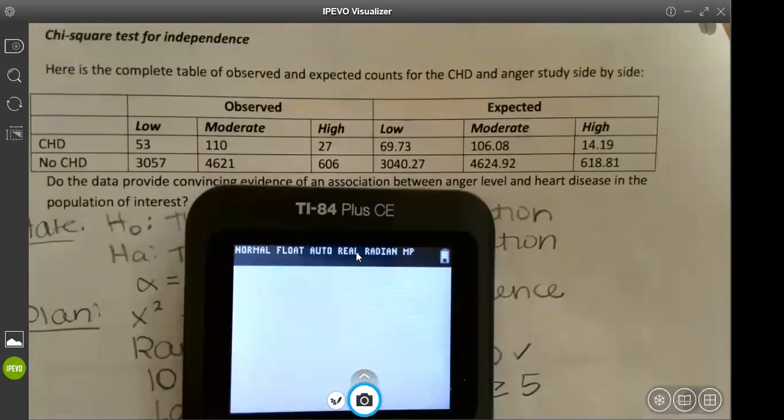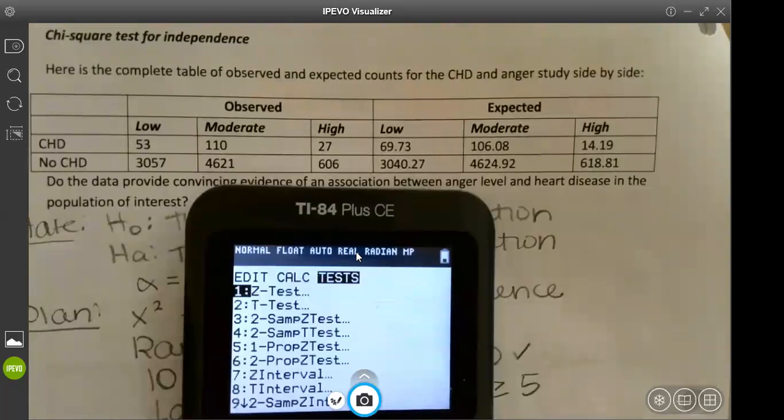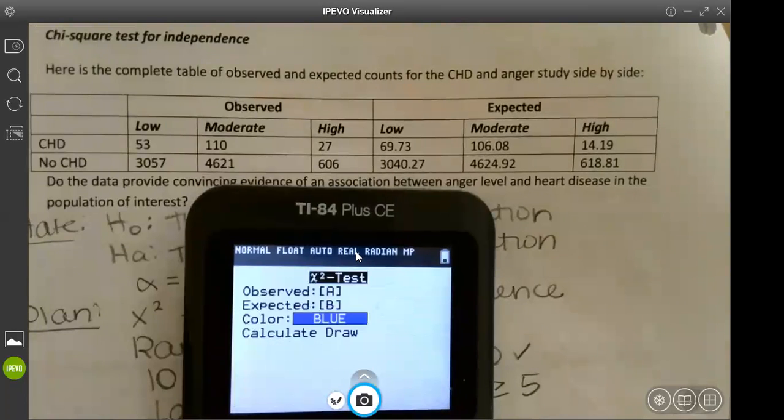Where do we go now? Is it second verse? Yeah, it's okay. Stat test. Not a problem. Chi-square test. AB, calculate.